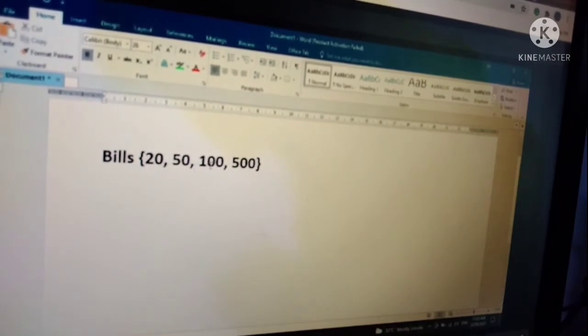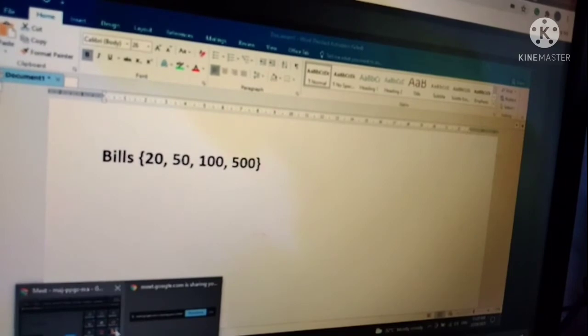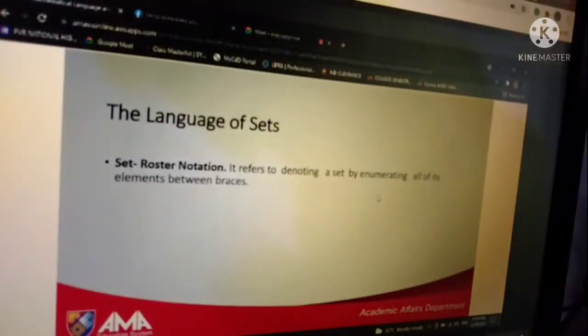Yan, 20, 50, 100, tapos 1,000. So, yun ang roster. Ang tawag din sa ganyan, roster form. A list, no? It is a list of numbers. Ang tawag doon ay roster form.